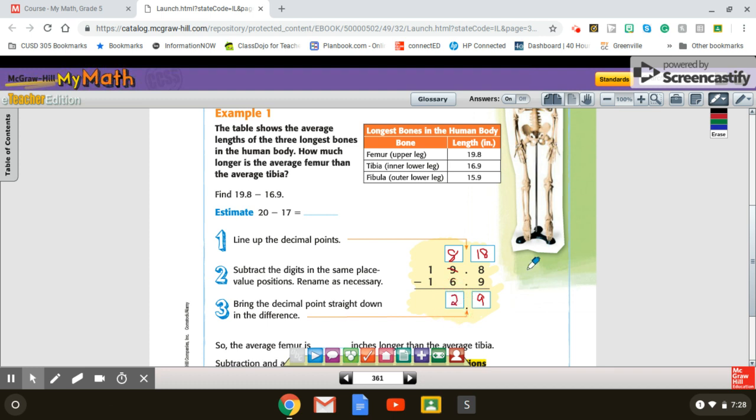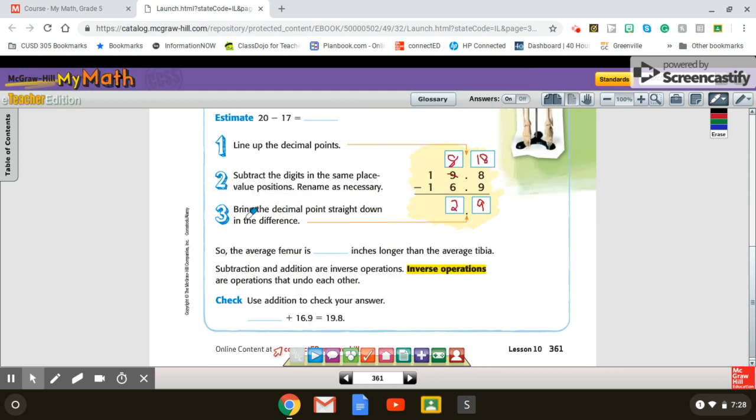So we have 2 and 9/10 as our difference. So the average femur is 2 and 9/10 longer than the average tibia.